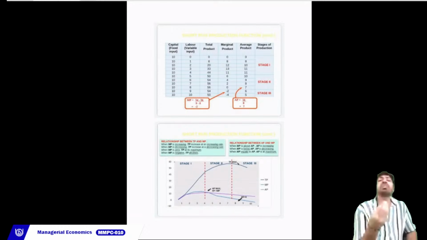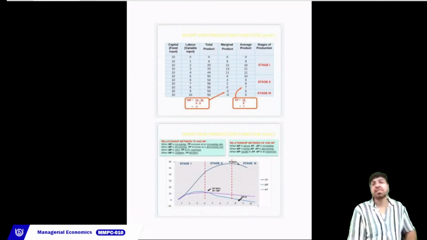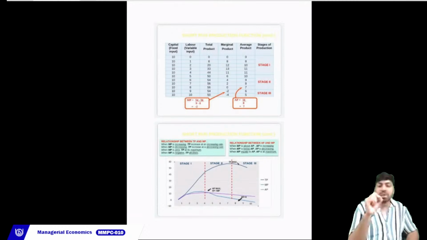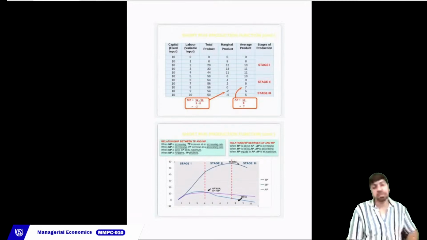After the increasing level of average product, it declines very slowly, and that's the shape seen from the tabular representation of average product, marginal product, and total product. And that's called the stages of production: stage 1, stage 2, stage 3. If we look at the average product, it's increasing very slowly, and the marginal product also increases very slowly. Where these two curves intersect each other, average product is equal to marginal product.